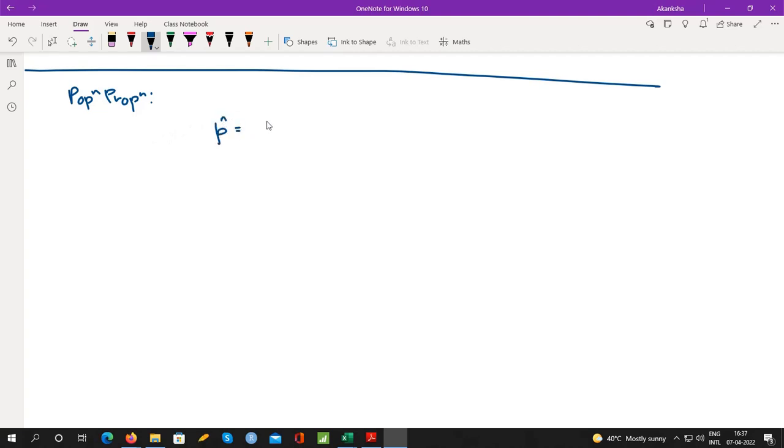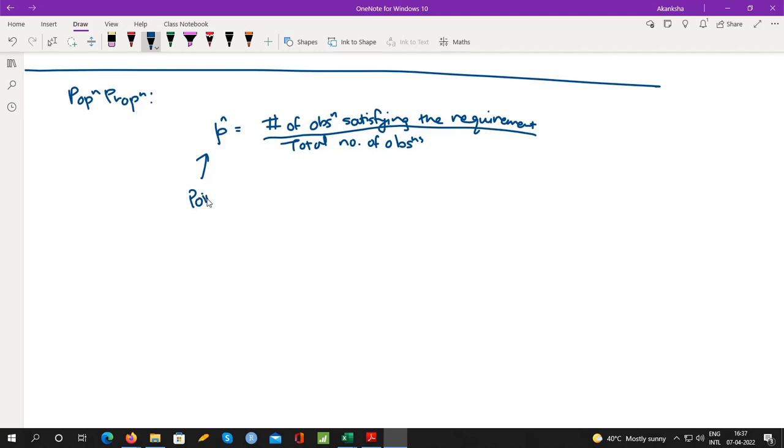We estimate p hat as the number of observations satisfying the given criteria, either people vaccinated or people having COVID or something like that, divided by the total number of observations. This is the point estimate of the population proportion. Is this intuitively appealing? Normally also this is how you would estimate proportion.